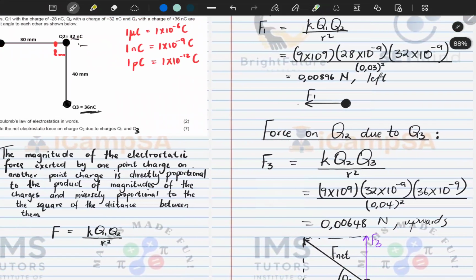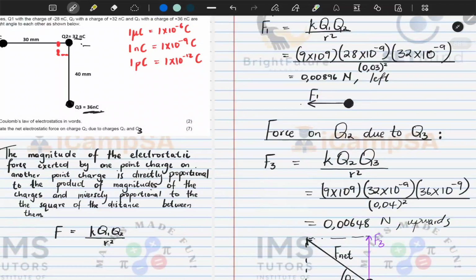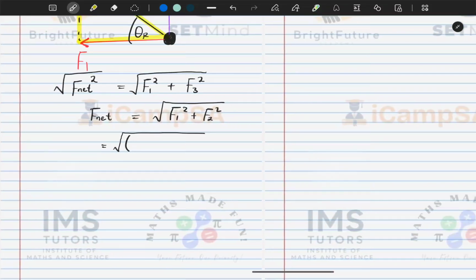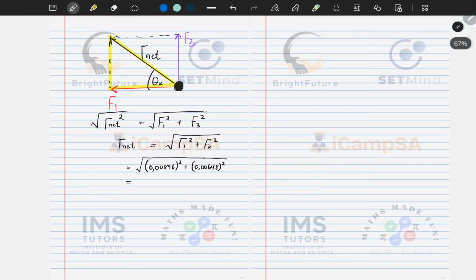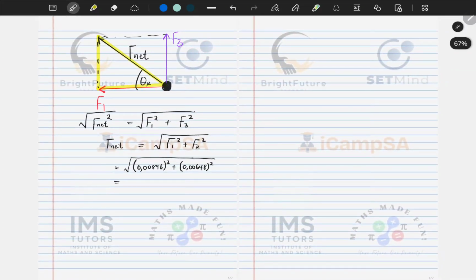So we said F1 was 0.00896. F3 was 0.00648. From here, we can find our answer.